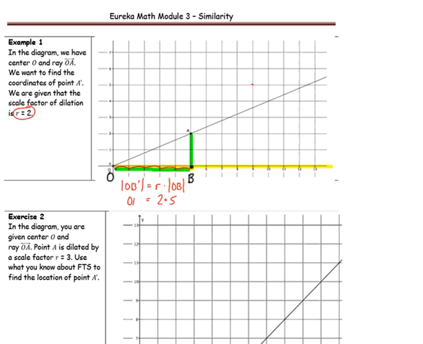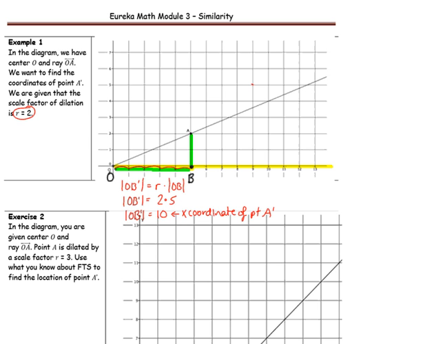So the length of OB prime is equal to 10. This is the x-coordinate of the point for A prime, which is what we're looking for.